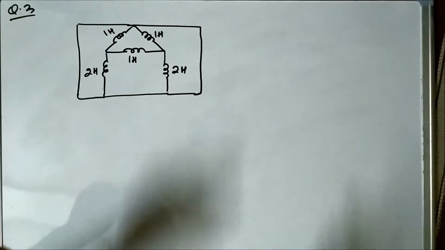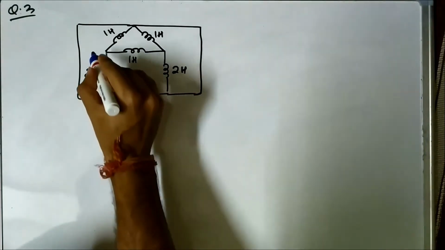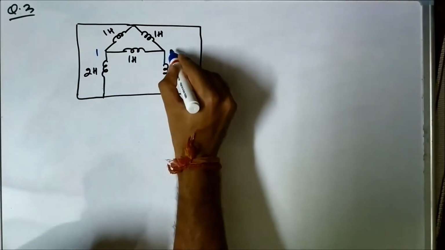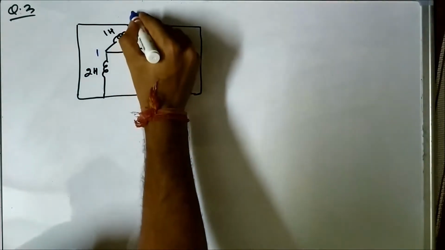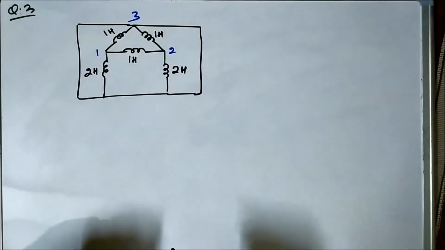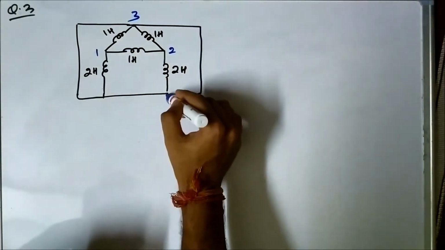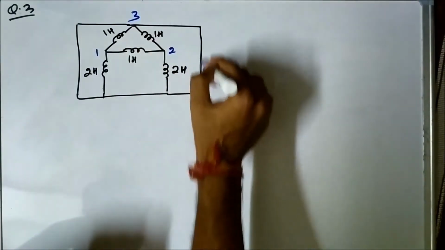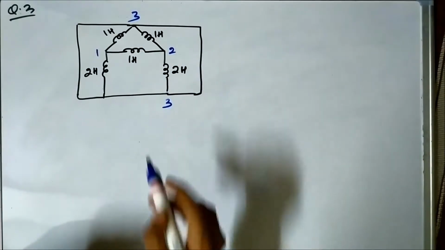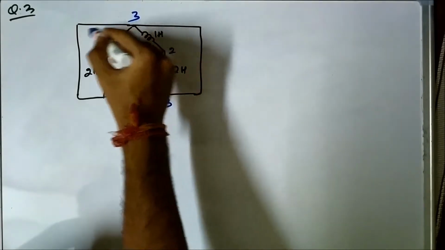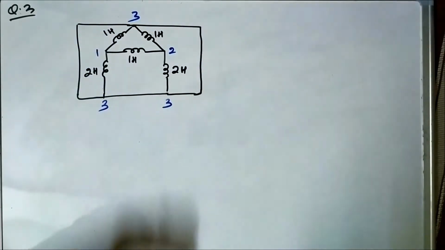So here also we will name the points 1, 2, and let's name it 3. Now this terminal is shorted with this point, so this will also be 3. This point and this point are shorted together, so this point is also 3.